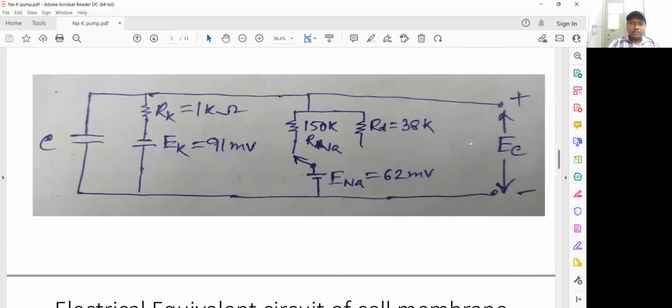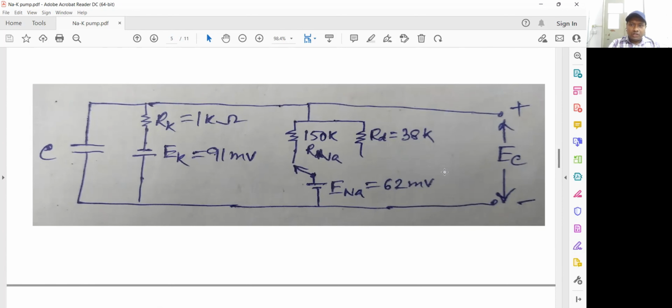Plus, this will be minus of ENA, as the polarity is positive here and negative there for this power source, which is in the opposite direction of the applied EC.